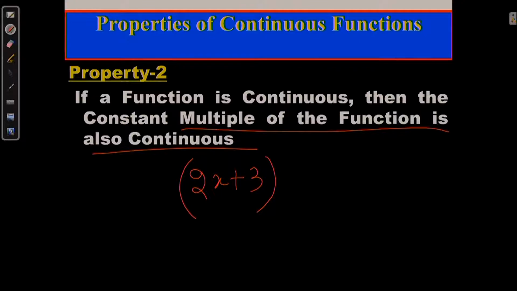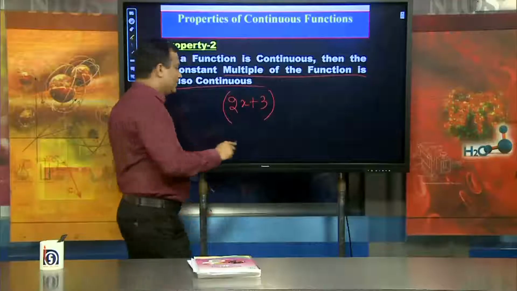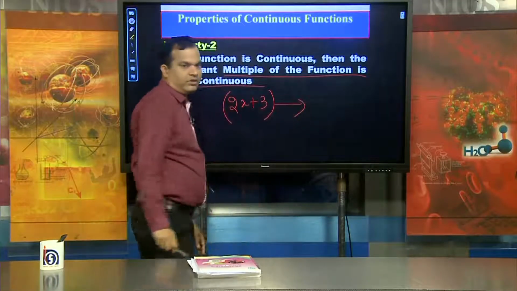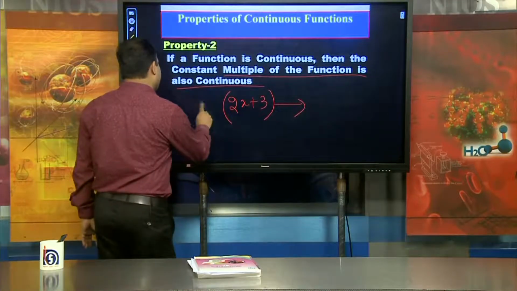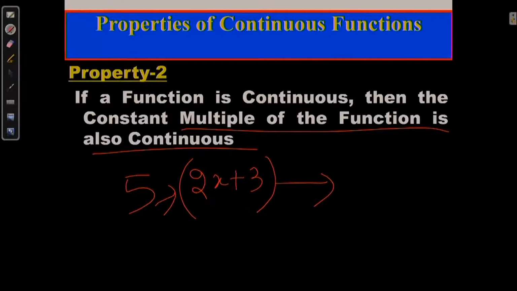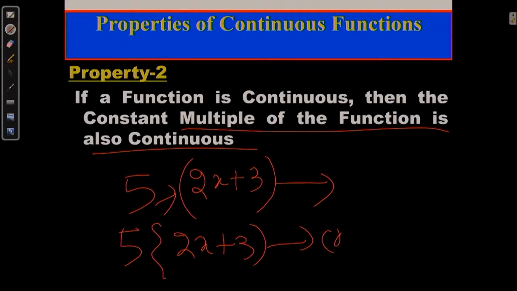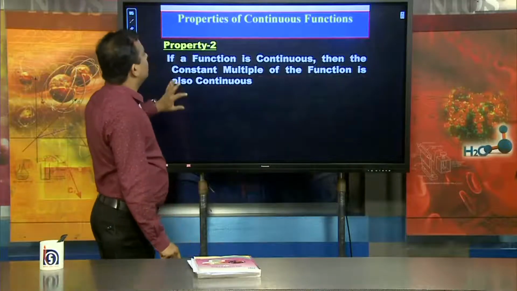If a function is continuous, suppose हम prove किए this function is continuous, अगर एक constant quantity 5 multiply करूं, then I can write 5 into 2x plus 3, it also becomes continuous. That means a constant quantity को multiply करने से, we can say that this is also a continuous function.